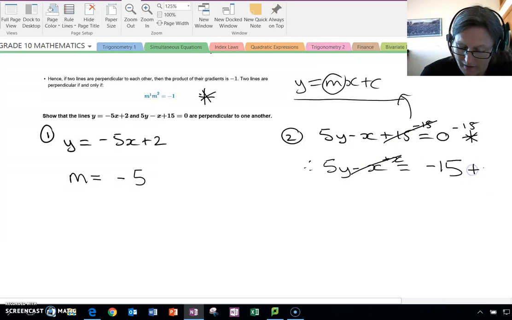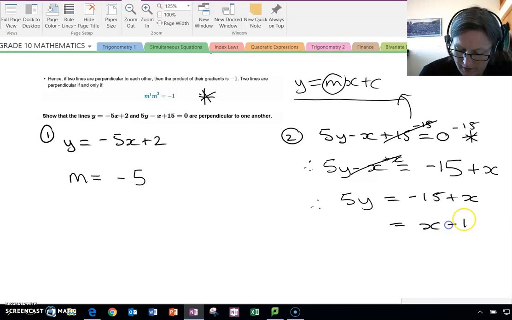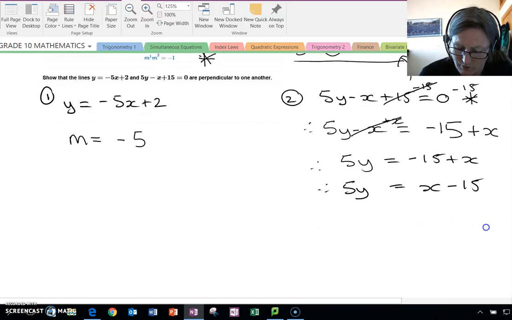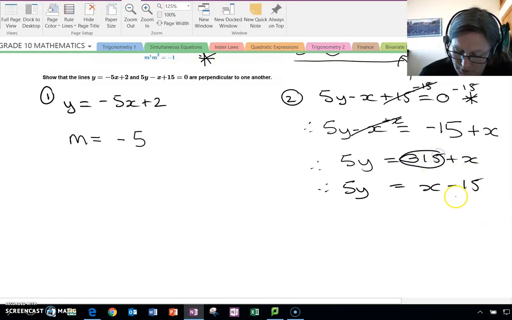So now I've got 5y is equal to -15 plus x. I can change the order and write that, and I think that'll make it easier for you. And just remember, the sign in front goes with the term. The sign in front of the x stays there.